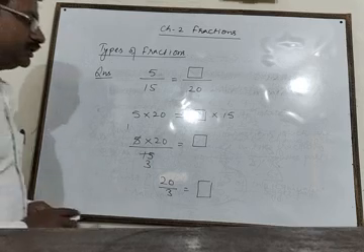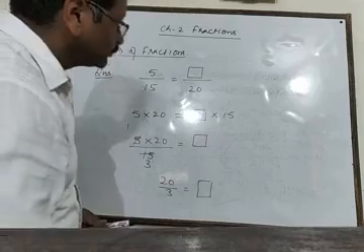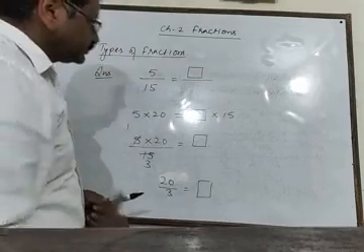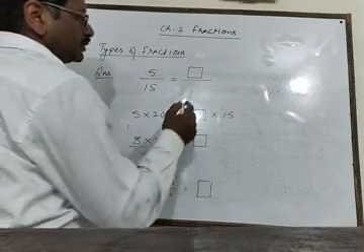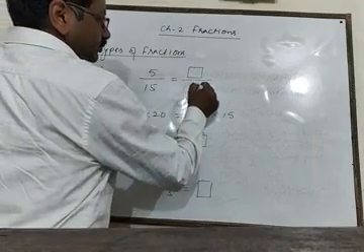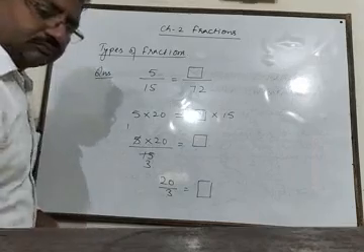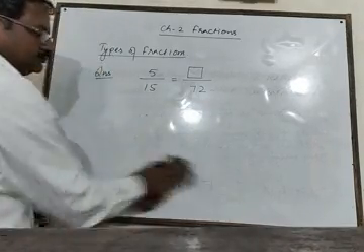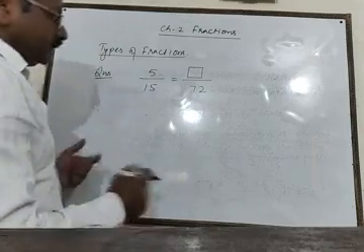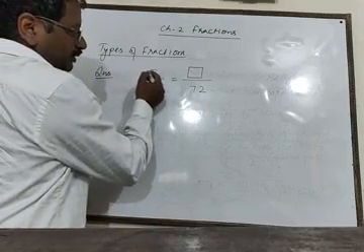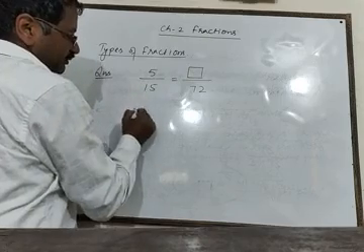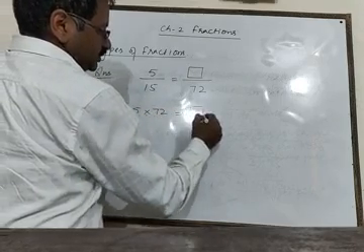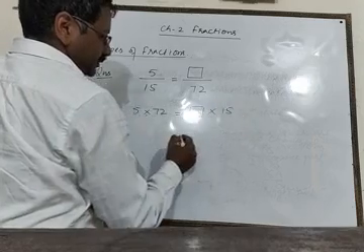Take one more example, that is the easy one. Suppose here it is 72. Again we will do it in the same way by cross multiplication. 5 multiply 72, box multiply 15.